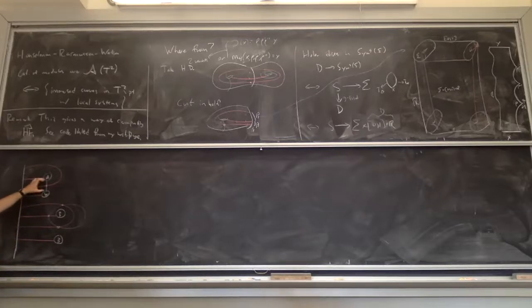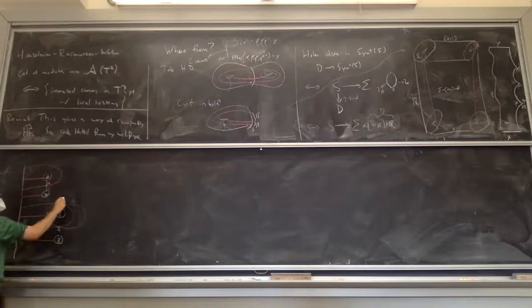So I've got two beta circles. I can label them. Here's beta 1, and here's beta 2, and I've got a whole bunch of alpha arcs. So these are halves of alpha circles. You could imagine sitting over here is some other diagram, and you glued the two together, you get an ordinary Heegaard diagram. It's like I've taken a half of an ordinary Heegaard diagram. I have 4 alpha arcs. Did I say 2? Yeah, 4 alpha arcs. Thank you. So let's call these points A, X, Y, Z.